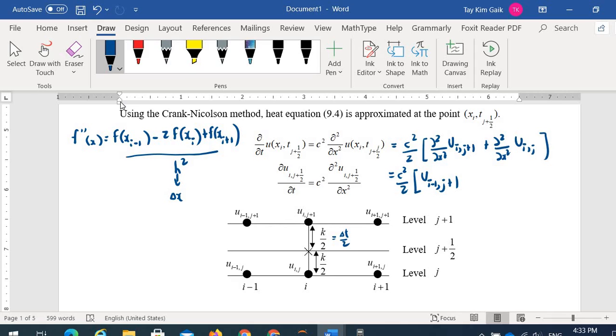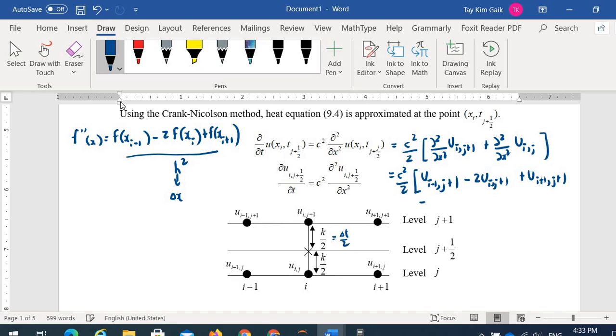So for level j plus 1, we will have u i minus 1 j plus 1 minus 2 times here, so minus 2 u i j plus 1, and then this point 1 time, so plus u i plus 1 j plus 1. This is for level j plus 1.